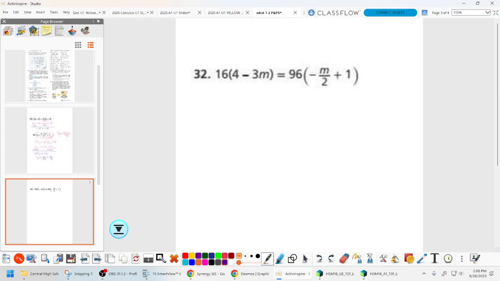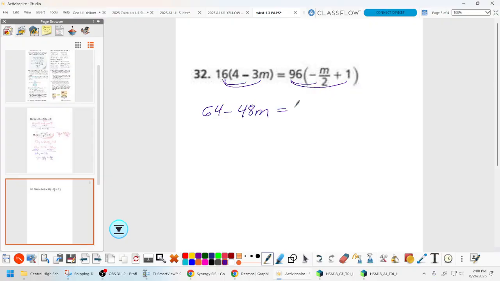Alright, what's a good place to start, Maria? Yeah. Okay, we have a fraction inside of parentheses. So I wouldn't recommend distributing a fraction to get rid of it all the way across, because that's what this does right here. Okay, I'll do it on this side as well. 16 times 4 is 64. 16 times negative 3 is negative 48. And then we have our m.